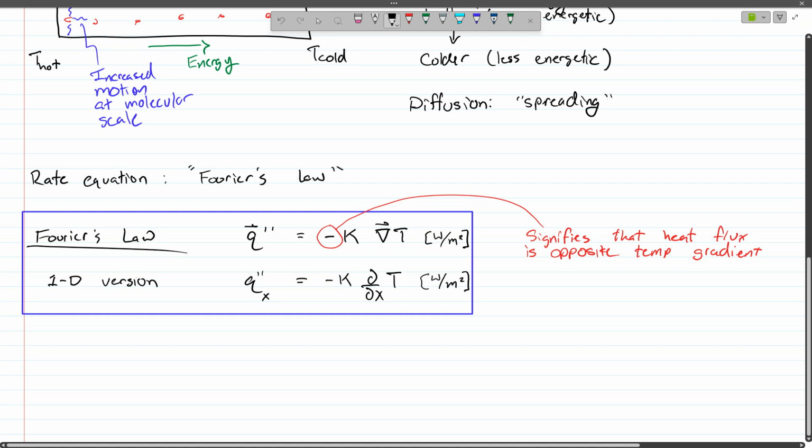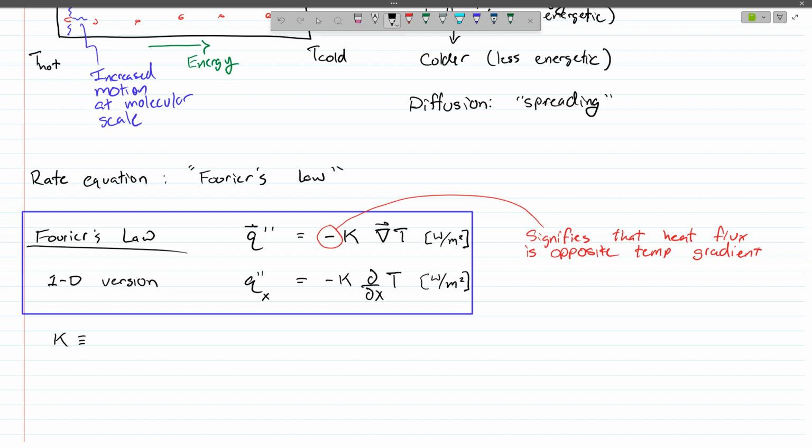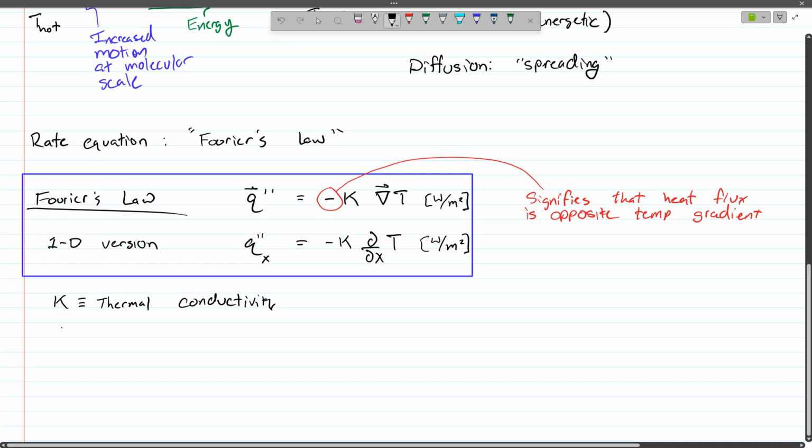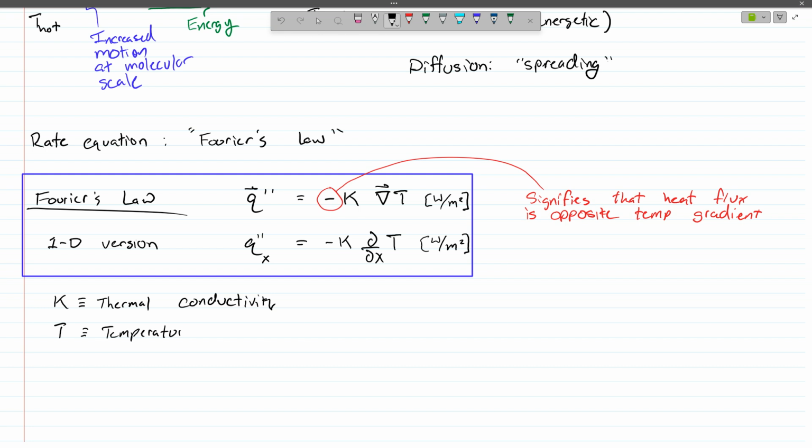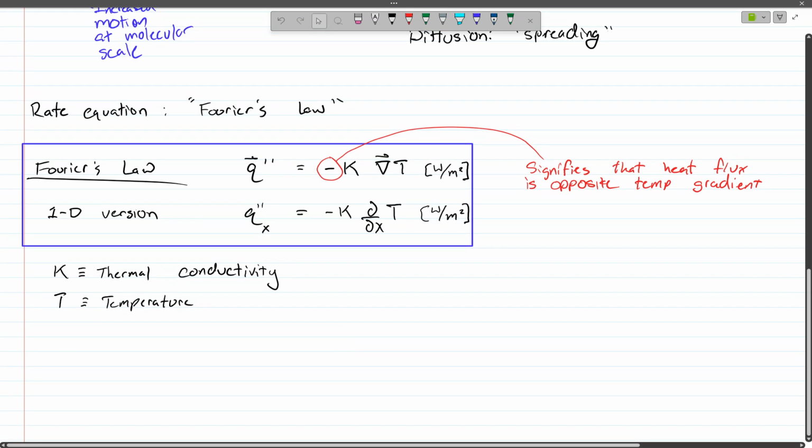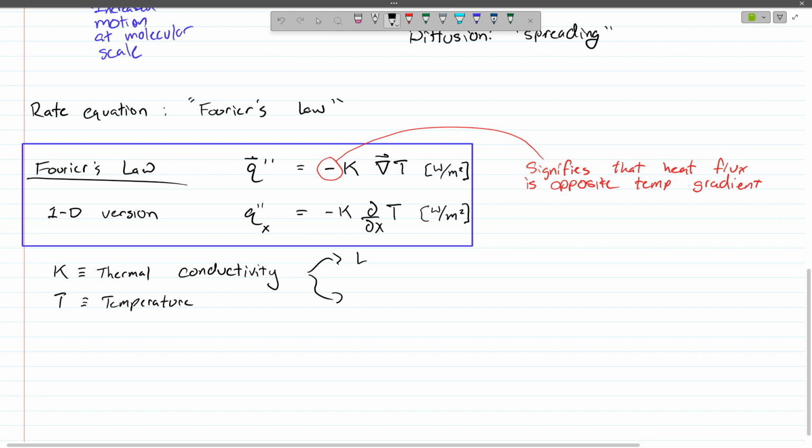So k here is what we refer to as our thermal conductivity, and T is, of course, our temperature. Now, in general, a large value of k means this is a good conductor.